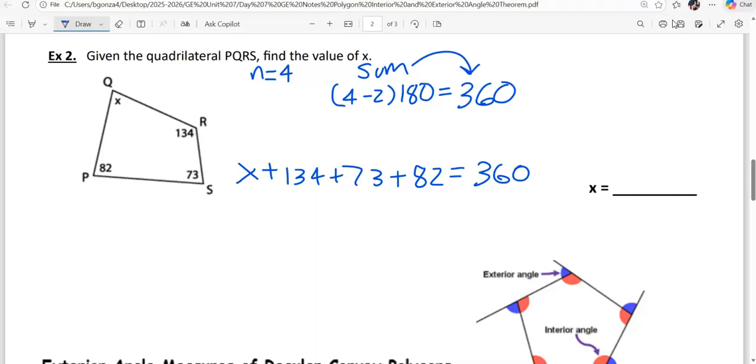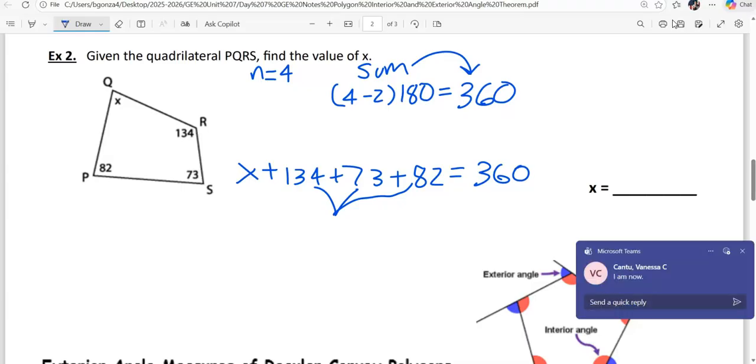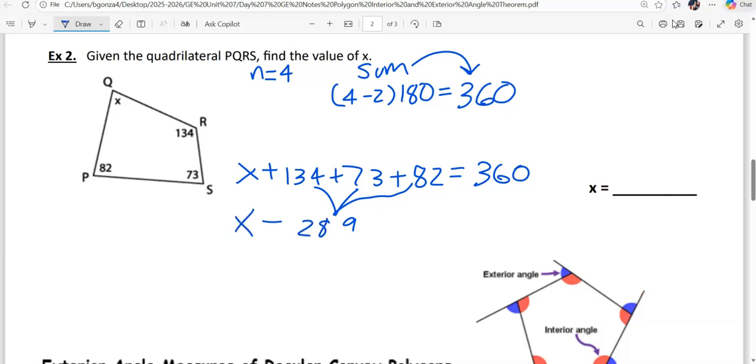Okay? Whenever you have a big, long equation, you want to combine any like terms, and I see 3 like terms. On this left side, I got this number, and this number, and this number. So I can combine all 3 of these. If you add all these up, you get 289.